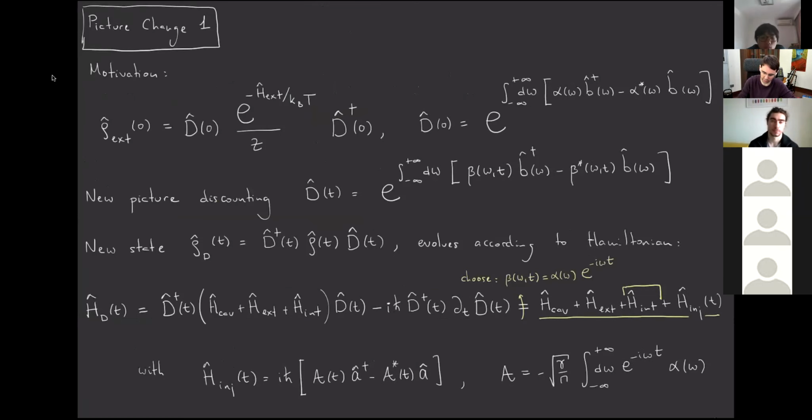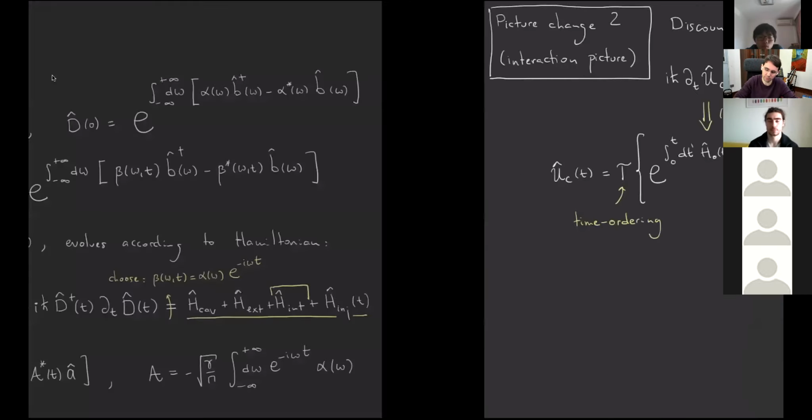So it's this thing in here. The Hamiltonian depends on time only through these functions A, not because the operators themselves are Heisenberg picture operators or anything like that. It's just because these functions depend on time.